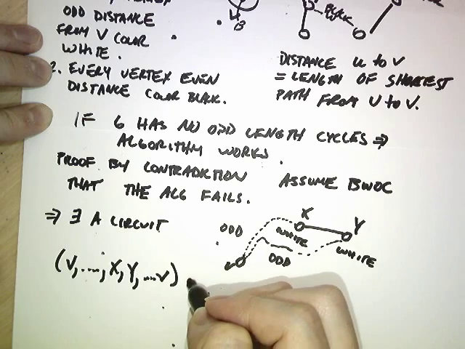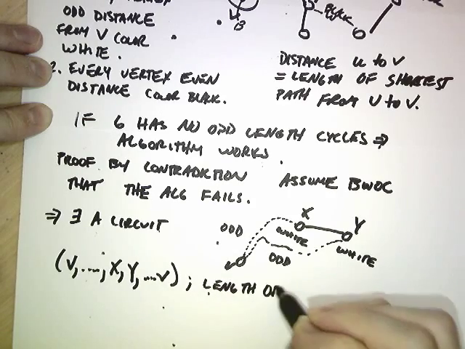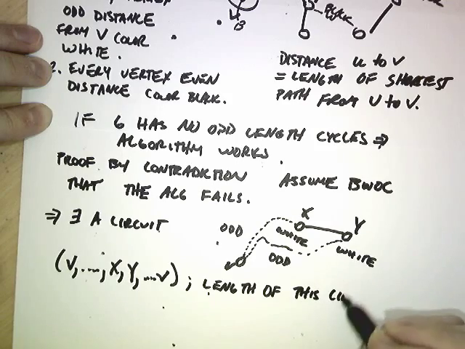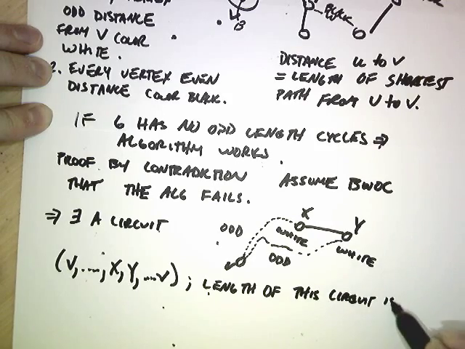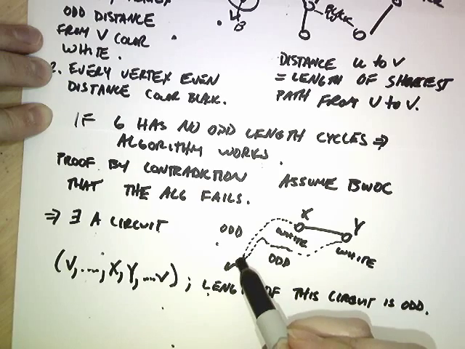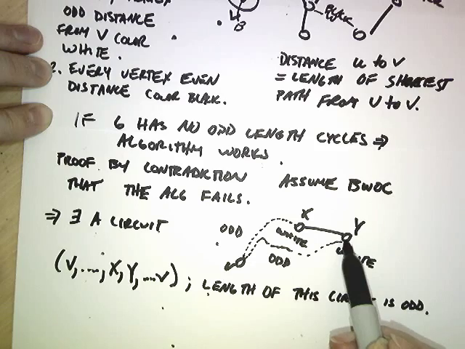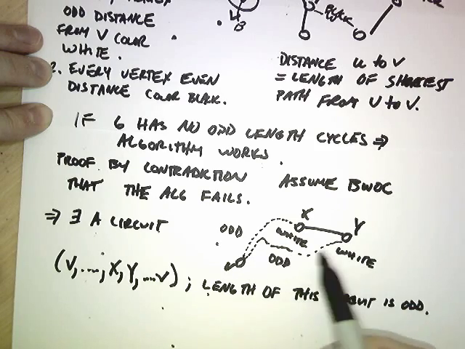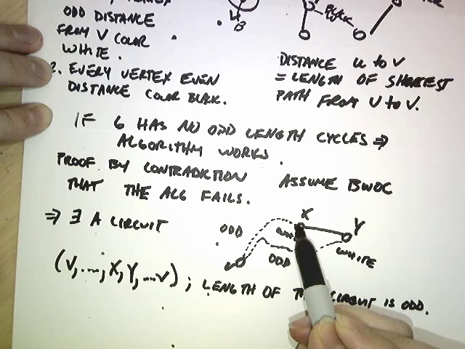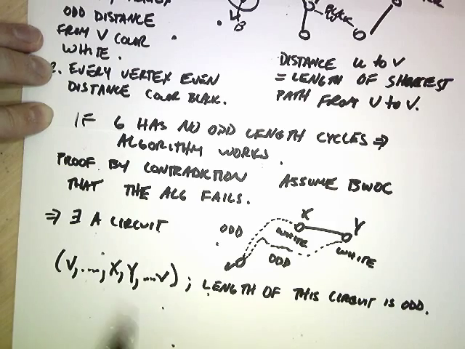So the whole length of this circuit is odd, right? Because we colored x white, we said x was white, y was white. That means that the shortest path from v to x is odd. That means there's a shortest path from v to y that's odd. And so there's a circuit that goes v, x, takes this edge, goes back here to v. So there's an odd length circuit in this graph.